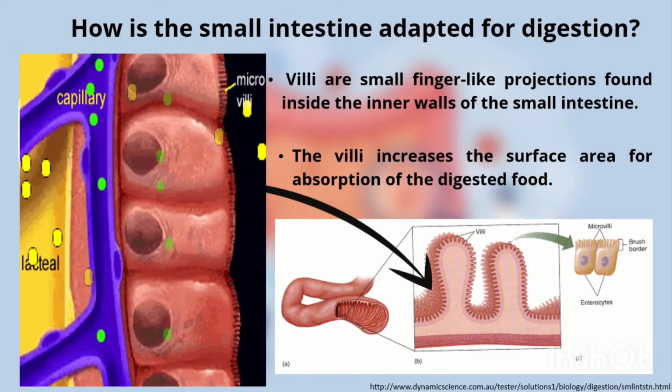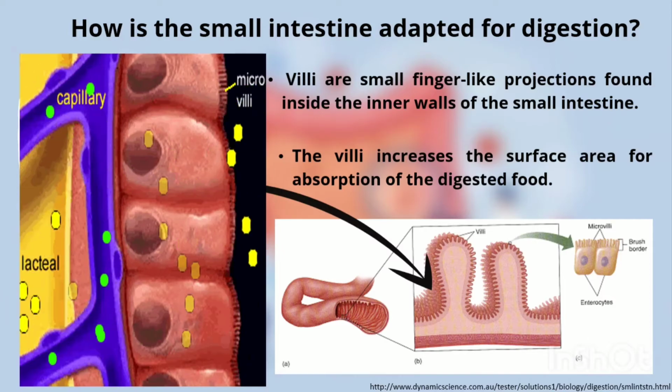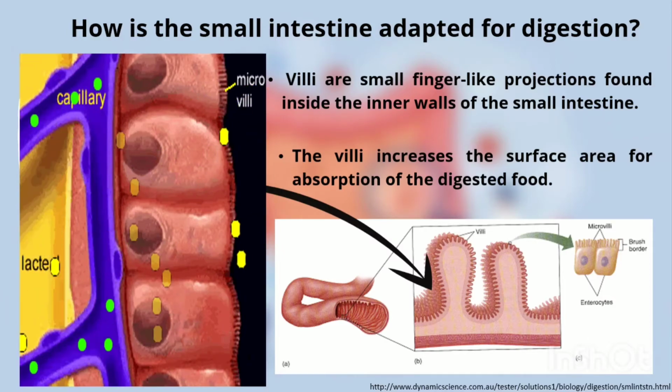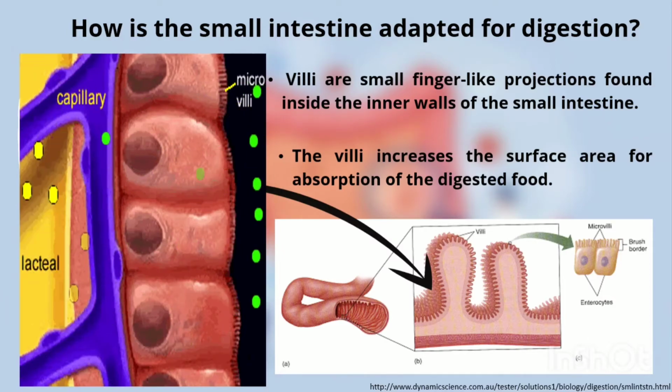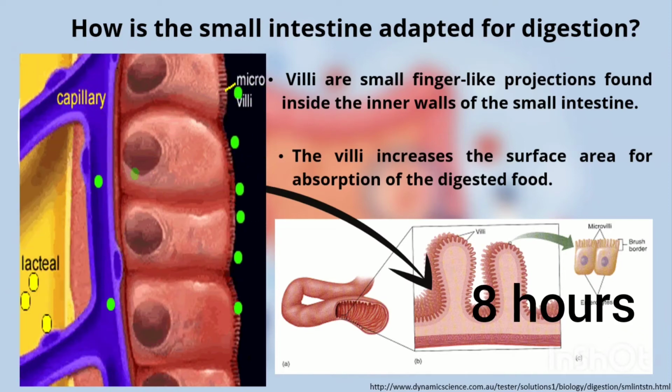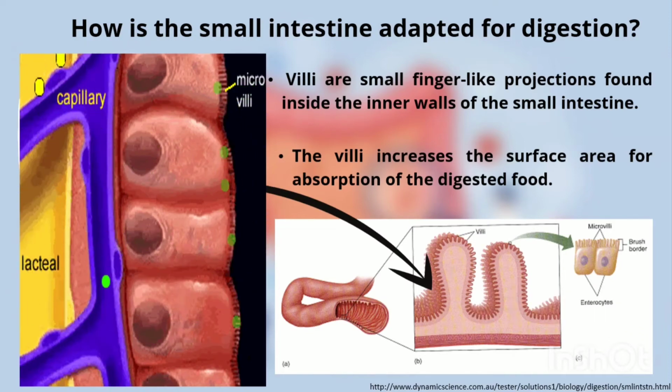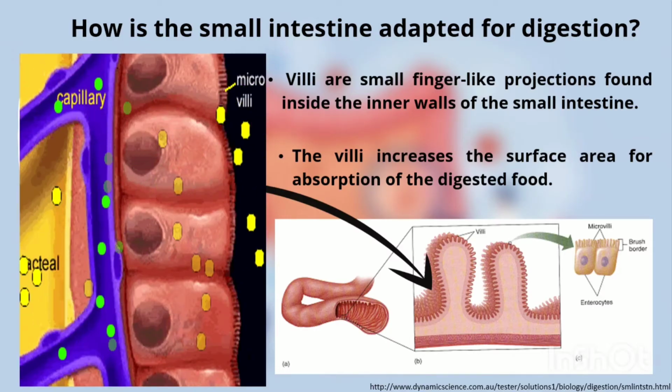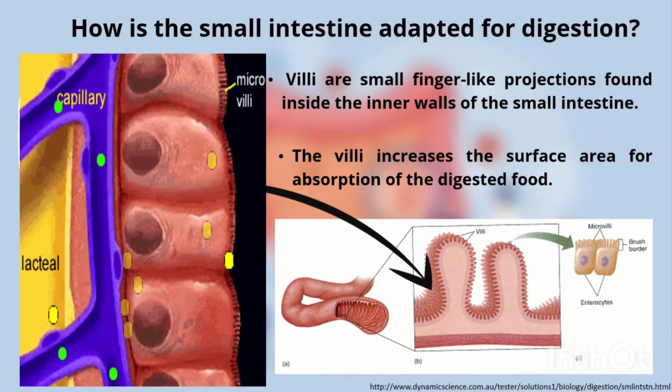The average length of the small intestine in an adult is around 23 feet. It takes food around 8 hours to pass from beginning to end of the small intestines, which ensures there is enough time for digestion to occur.